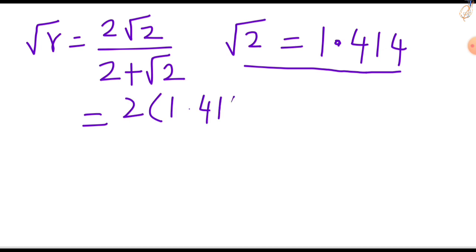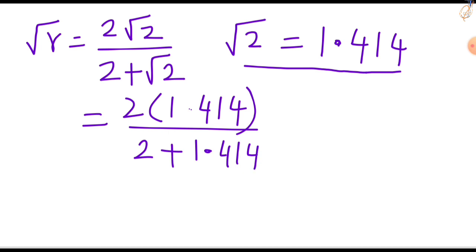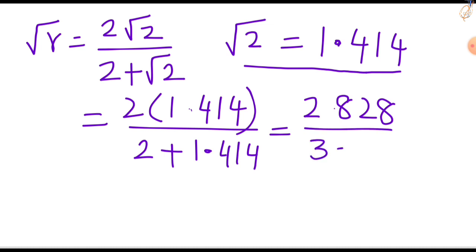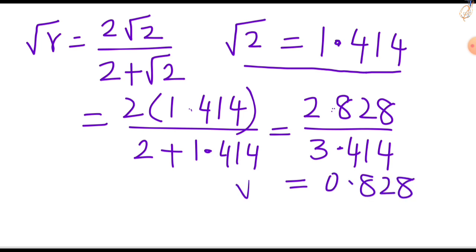So 2 times 1.414 by 2 plus 1.414. After multiplying, we will get 2.828 by 3.414. After doing the division, you will get 0.828. This is the root R value.